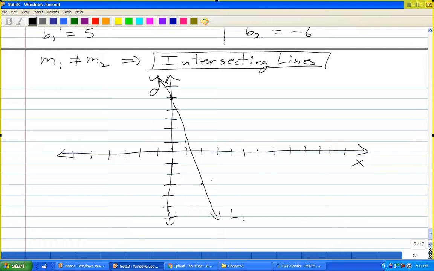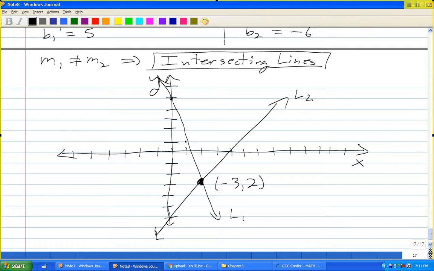Okay, so I think it's right there. So my guess is, so this is L2. My guess is that that's at negative 3, positive 2. That's my guess, where that point of intersection is.